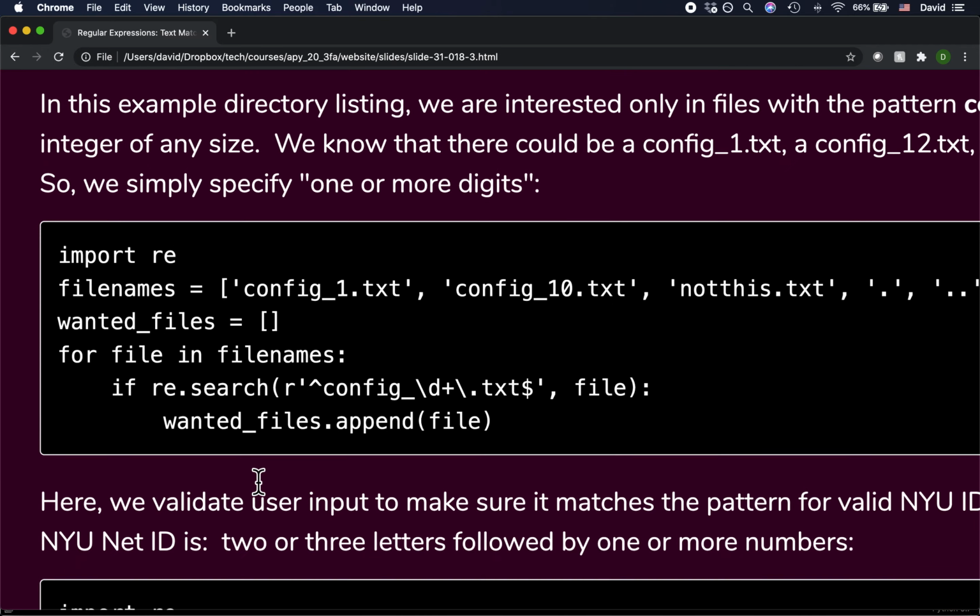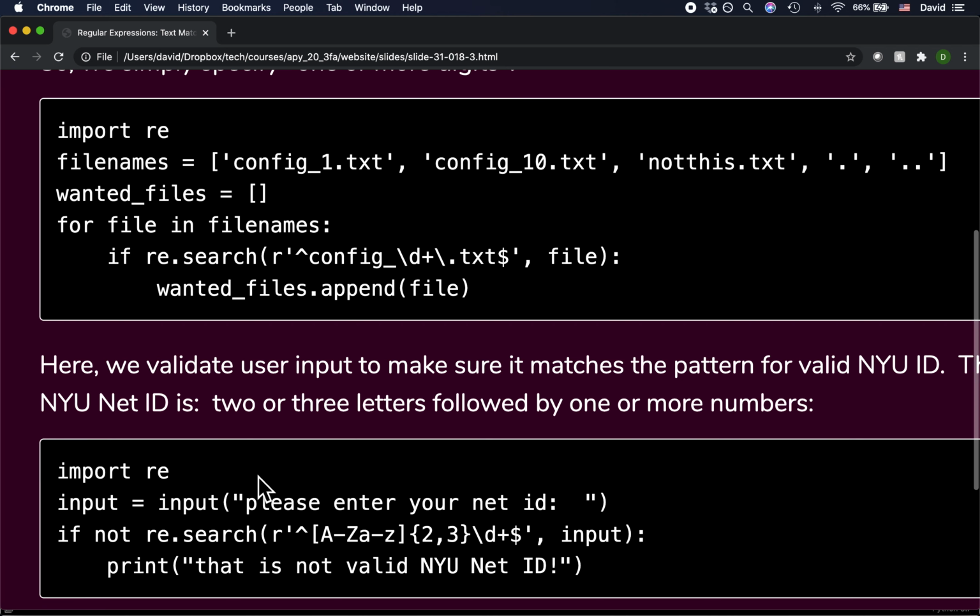It's quite common that we might have files that match a particular pattern, but they may have a number involved. Let's say we had a series of configs and that they're numbered. So again, we have the example of a file listing that may contain file names that we want and may not.